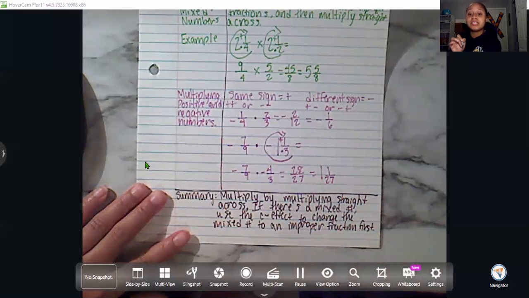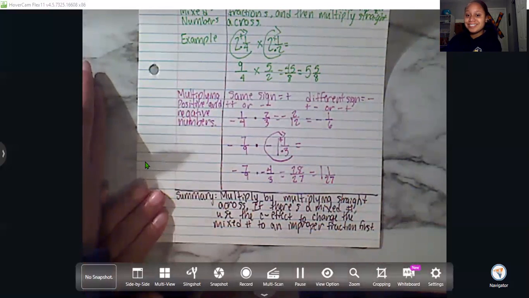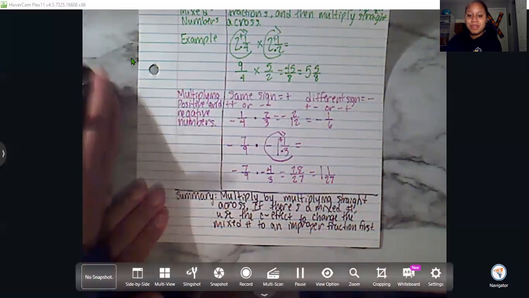And then if there's a mixed number, use the C effect to change the mixed number to an improper fraction first, and then you can multiply straight across. Otherwise, you are done. That's how you multiply fractions and mixed numbers.